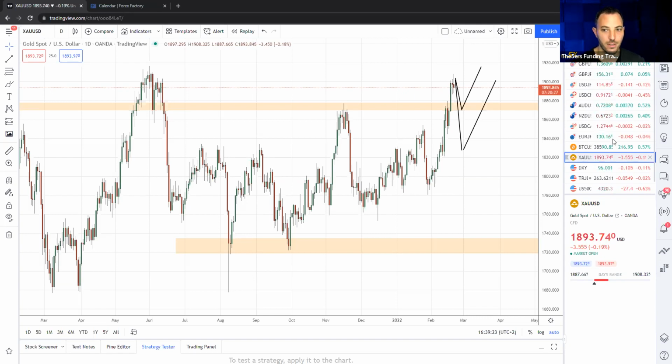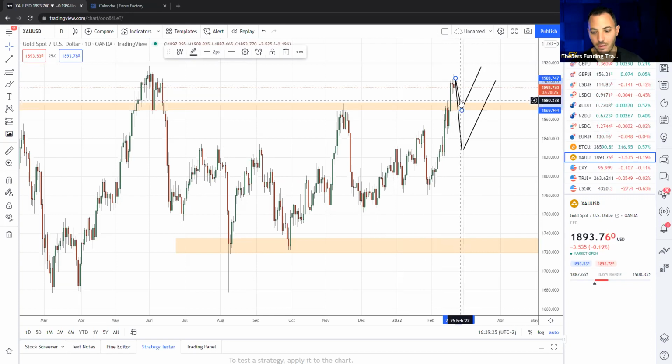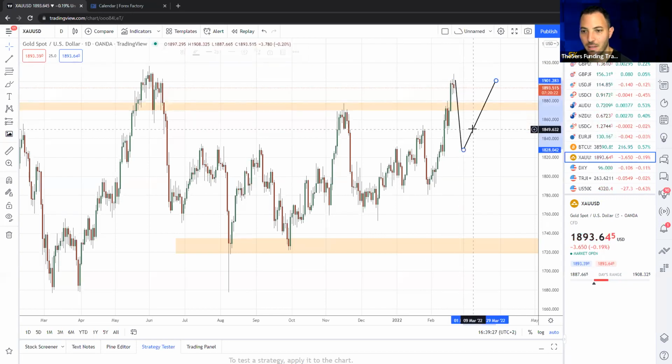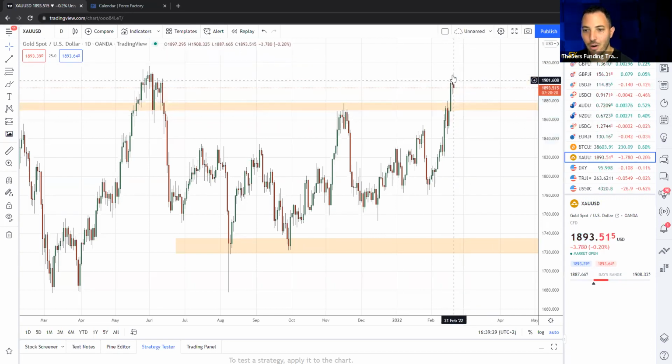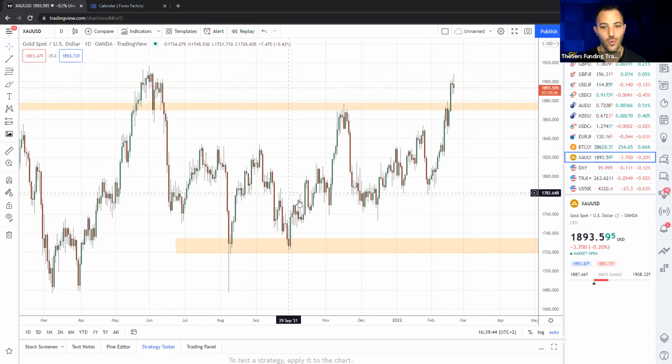So you can see, and gold is a great example, how we are trending, how we're stopping right around the 1,900 dollars. So right at around that level, supply is formed, and right around 1,700, demand is formed.